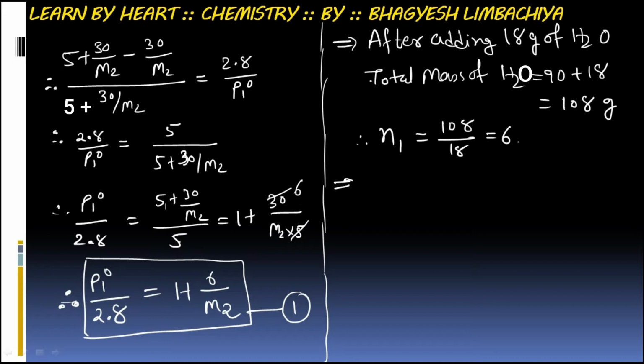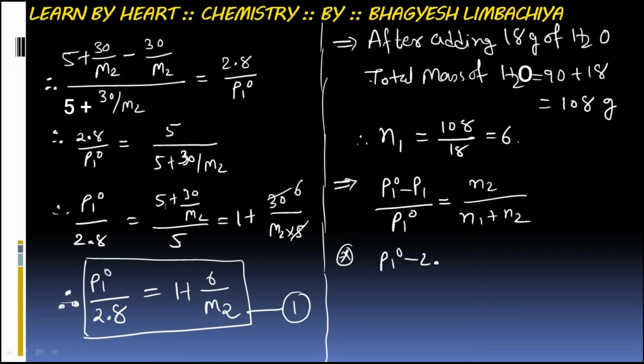So P1⁰ minus P1 upon P1⁰, again the Raoult's law formula is applied, equals N2 by N1 plus N2. So P1⁰ is as it is. P1 is 2.9 upon P1⁰ equals 30 by M2, and it is divided by 6 plus 30 by M2.